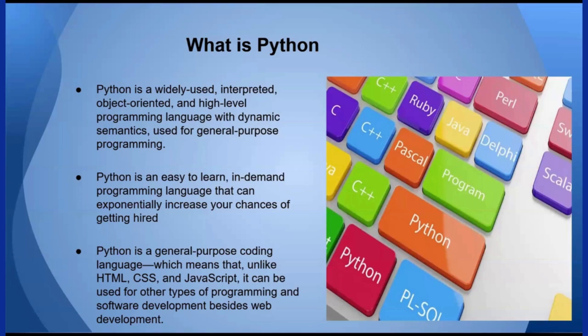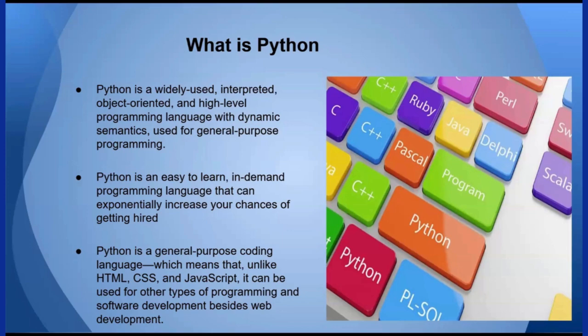Correct. And we say it is a general purpose programming language because Python is used for everything, like software development, website development, scripting, designing, everything. While if you see HTML and CSS, they are only used for designing purposes.